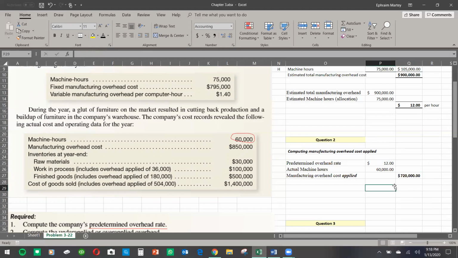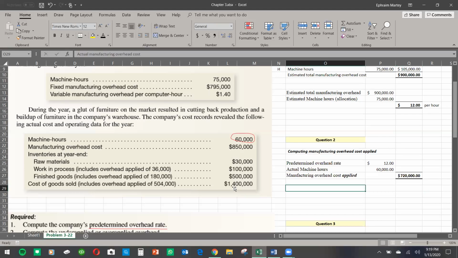So this is what we estimated. According to our estimate, manufacturing overhead cost should be 720,000. But was that what was actually the cost of manufacturing overhead? That's what we have to compare. We compare these two and see if we underapplied or overapplied.